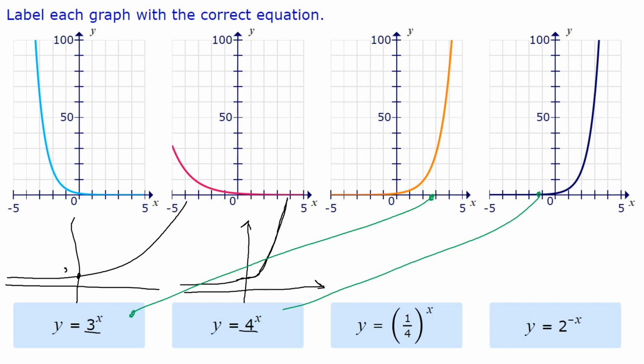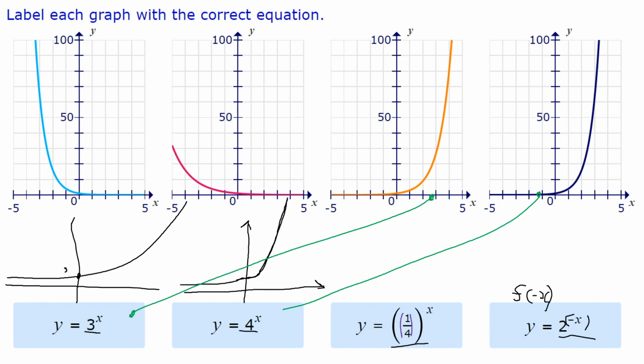What about these two? Well, because it's negative x, right? This is the same as f of negative x, which means it's being reflected in the y-axis, okay? What do you think we do with a quarter to the x? Well, if it goes negative, right?